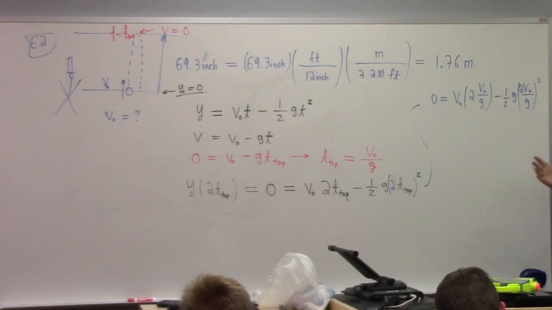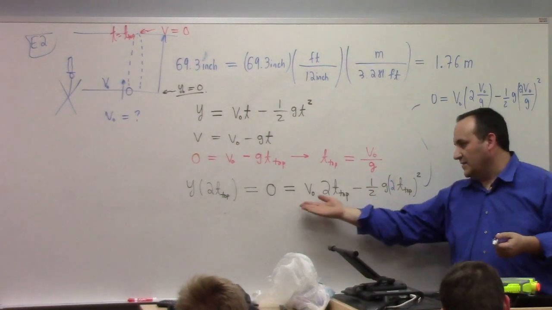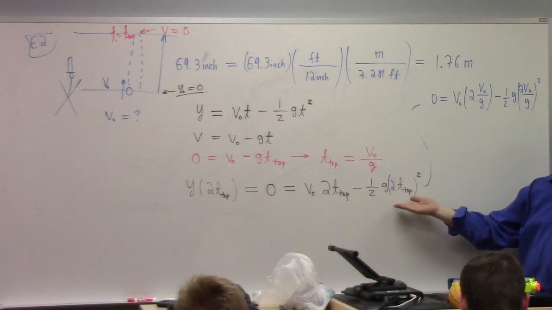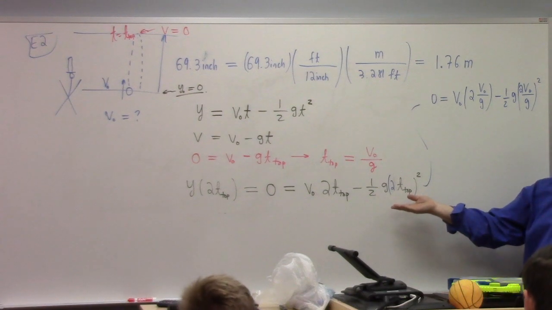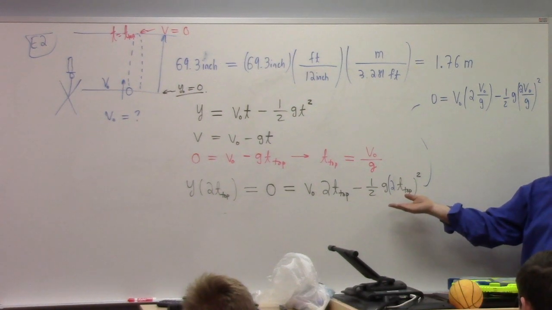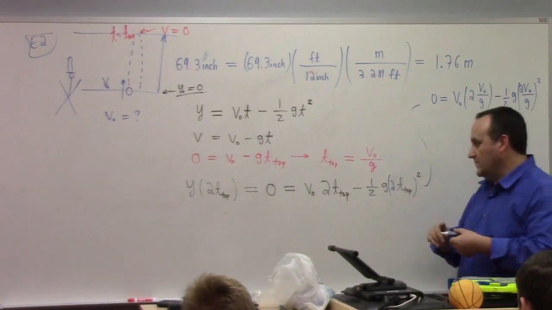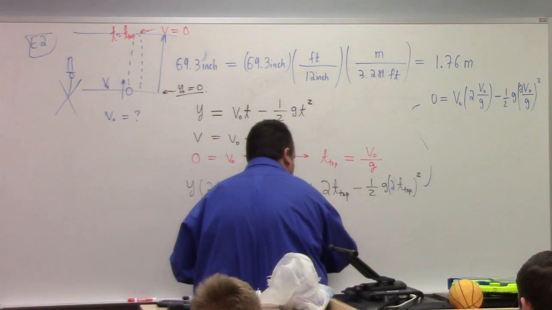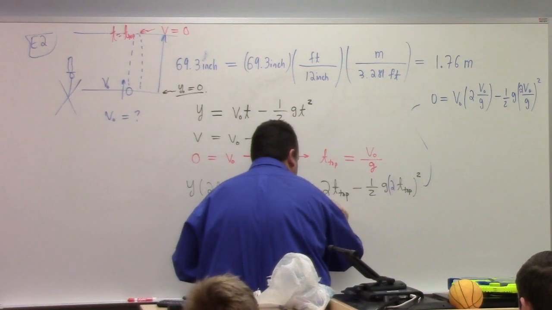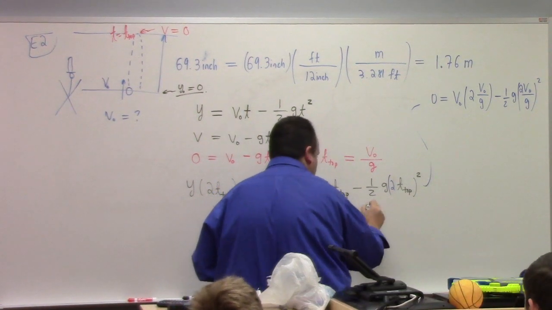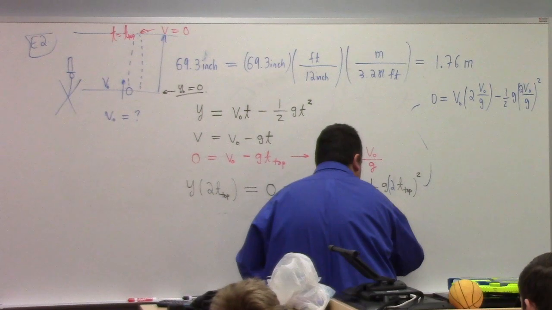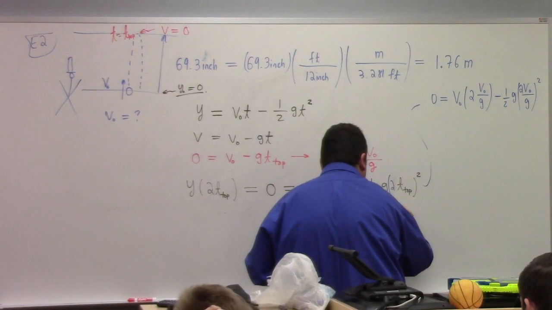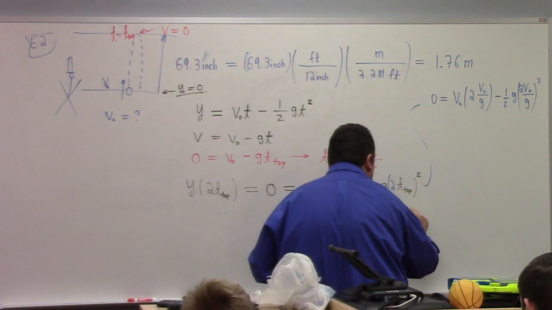Yay. What I should have done is gone back here and solved this equation, because this is a quadratic equation in t, which we can solve, right? So solve this instead. I'll factor the Ttop out. And we've got 2 v naught minus 1/2 g times 4 Ttop.